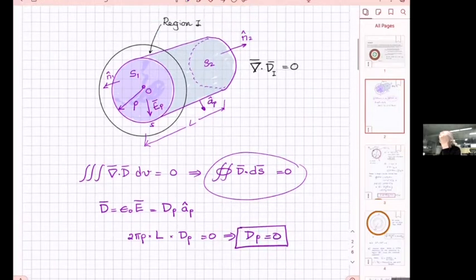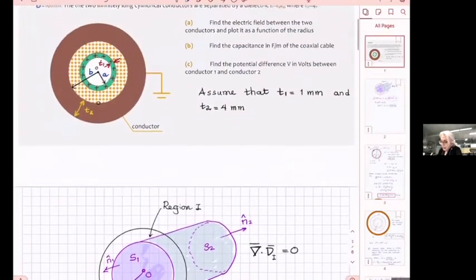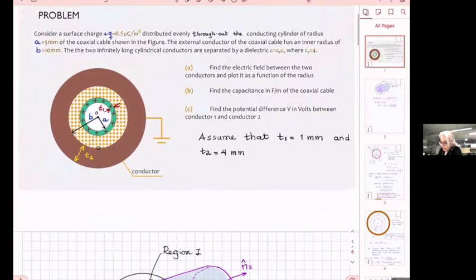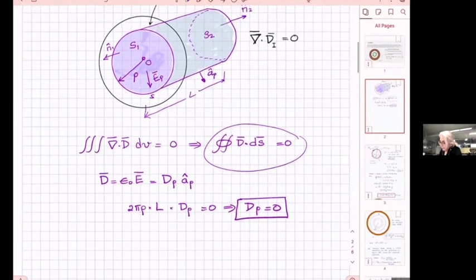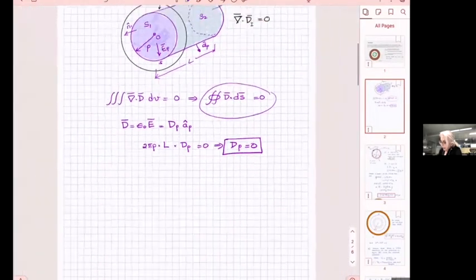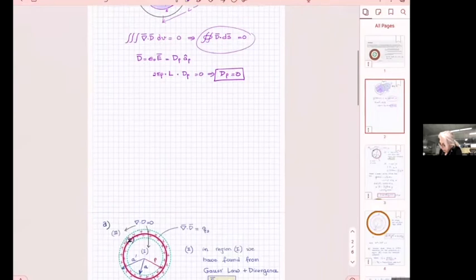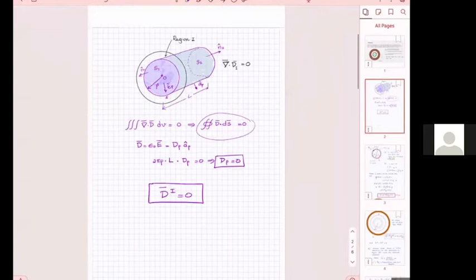All right, that's how we find that the field inside the inner conductor is 0. Okay, that's how I got that. So I find for the inside area that D is 0. That's the divergence. D is the electric flux density.